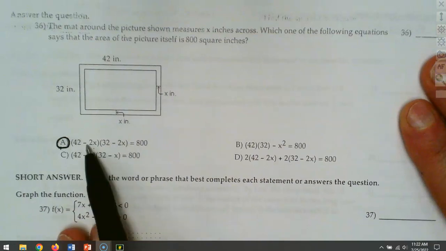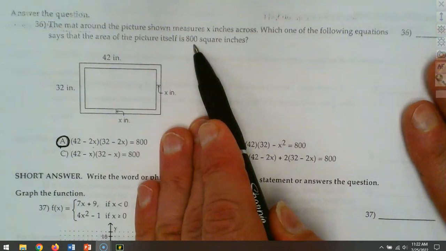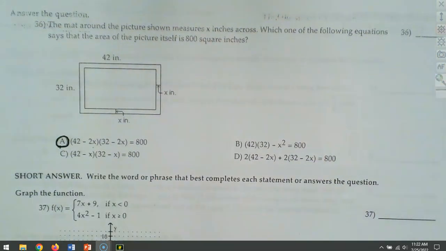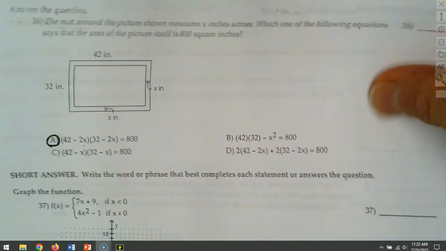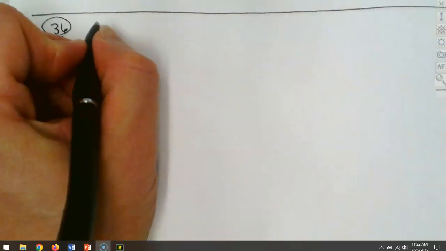That's why it's minus 2x there. And what does it equal? It equals that 800, because that's the area of that entire picture frame as well. Does that one make sense? Yeah. So I couldn't explain that one without working it out, but it's easy enough.